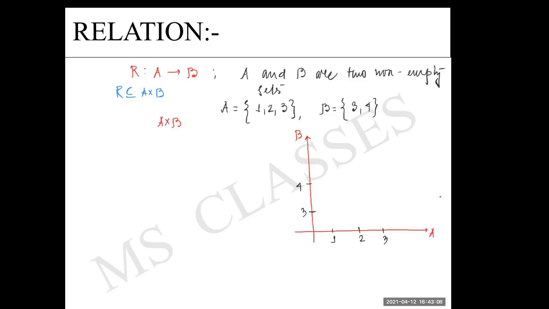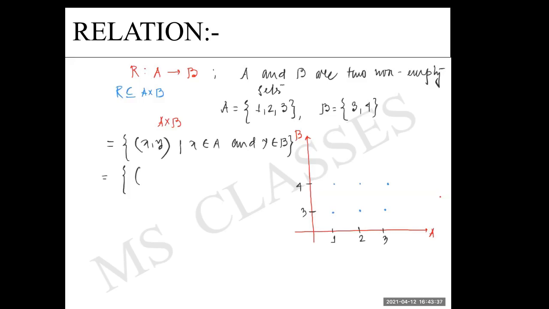Now here you can see, you can get several elements like (1, 3), (1, 4), (2, 3), (2, 4), (3, 3), (3, 4). So this is how we get the Cartesian product. So what is the Cartesian product of two sets? All of you know: (x, y) such that x belongs to A and y belongs to B. So in this Cartesian product, what we get, children?